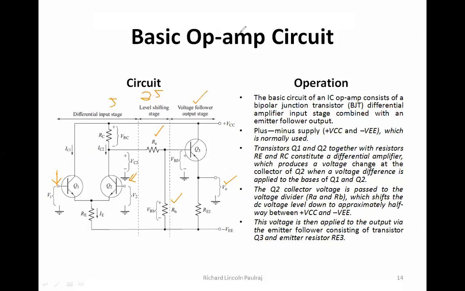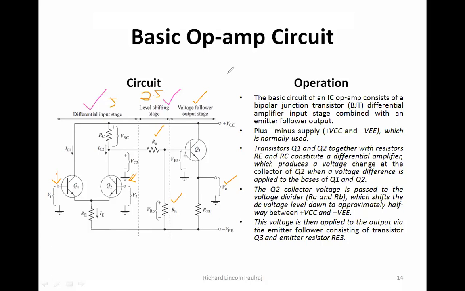And this is called level shifting stage because it shifts from one level to the other level. And this is called a differential input stage because it checks for the differences between the input V1 and V2. Those differences are taken across and amplified.